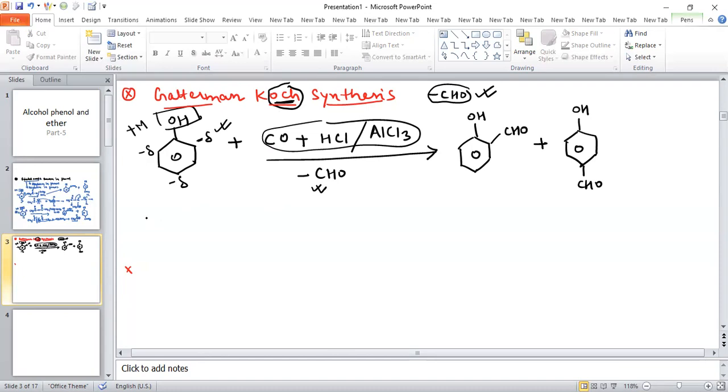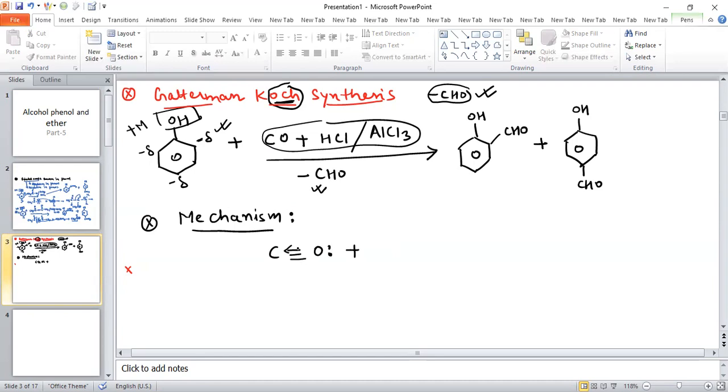Now see the mechanism of this reaction. What is the mechanism of this reaction? Now I am going to discuss the mechanism. We have carbon monoxide. This bond is from oxygen to carbon, and there is a lone pair of electrons on the oxygen atom.